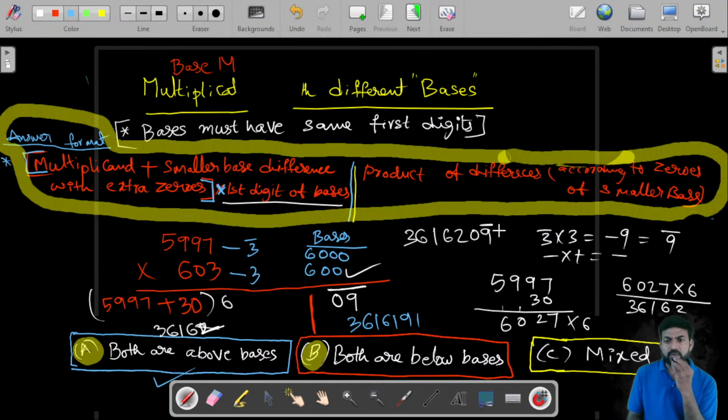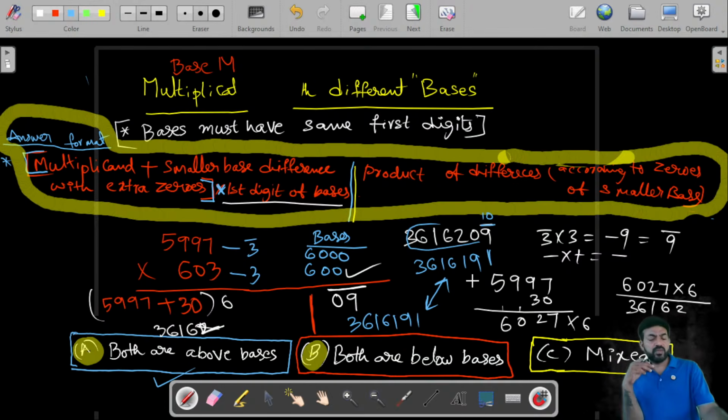Remember, we have only one digit, or you can take the bar on 2 digits, whatever you feel you can take. Here, putting the bar on zero and doing devinculation for 2 digits, or only for 1 digit, gives the same answer. Last from 10, 10 minus 9 is 1. So what is its predecessor? 361,619. This is its predecessor, and the same answer comes. Whichever way you take it, it is correct. If you want to put the bar on both zeros, you can put the bar. 10 minus 9 is 1, 9 minus 0 is 9. The predecessor of 36162 is 36161. Whatever you feel is easy, you can do that.